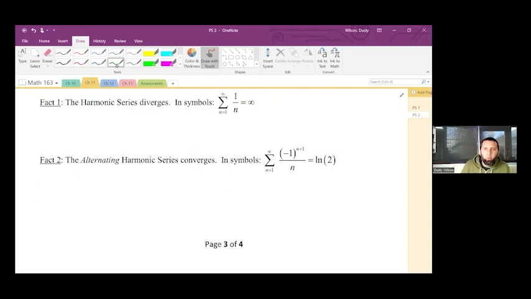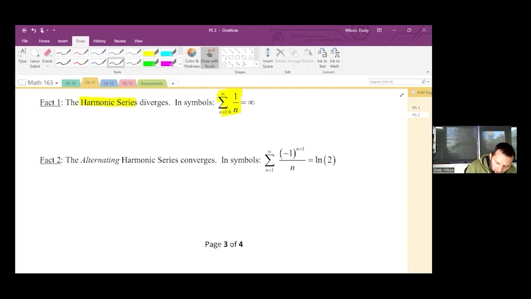So fact 1 is that the harmonic series diverges. You might say, what is the harmonic series? The harmonic series is the sum of all the 1 over n's. Notice that here we have to start at n equals 1, so we don't divide by 0. Dividing by 0 is undefined. So it diverges, the sum is equal to infinity. What are we saying here?